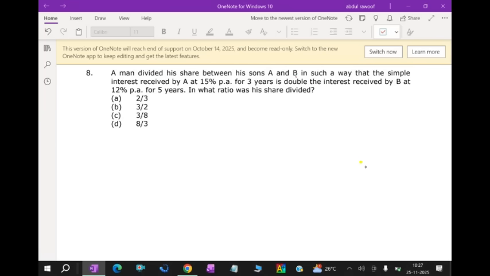Let the amount invested for A be x, at 15% per annum for 3 years, PTR upon 100, which equals double the interest received by B.